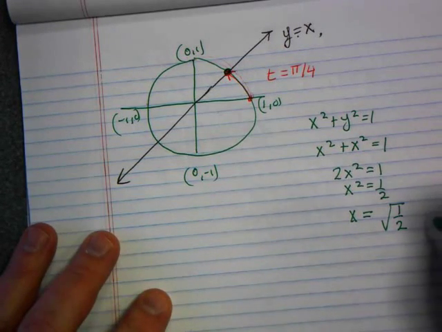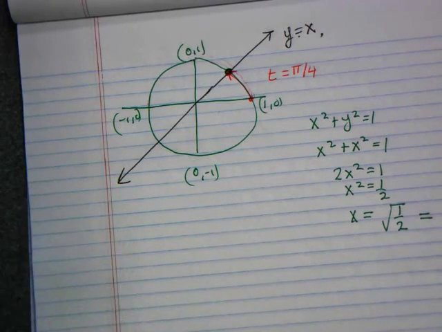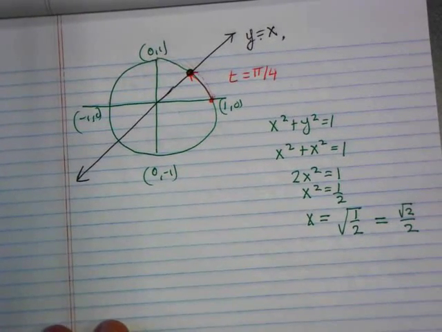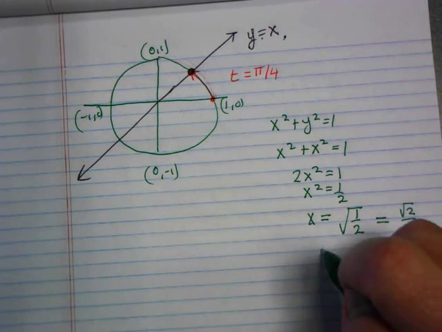All right, this is quite often rationalized and written that way, square root of 2 over 2. That's the way you normally see it. If x is the square root of 2 over 2, what's y? It's also the square root of 2 over 2 because they're equal in this case, aren't they?